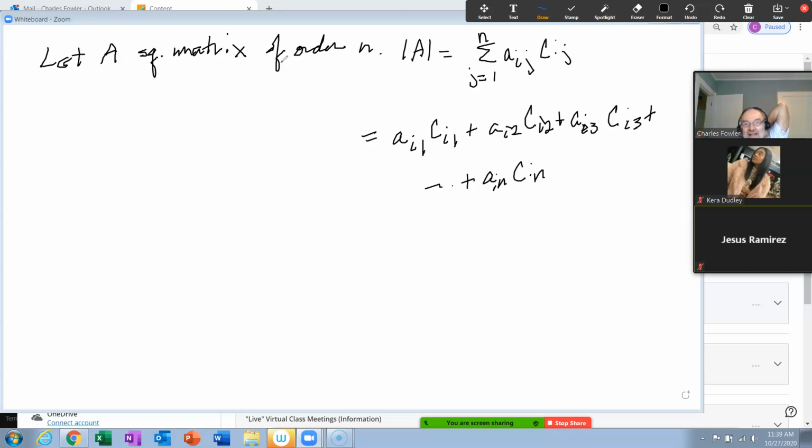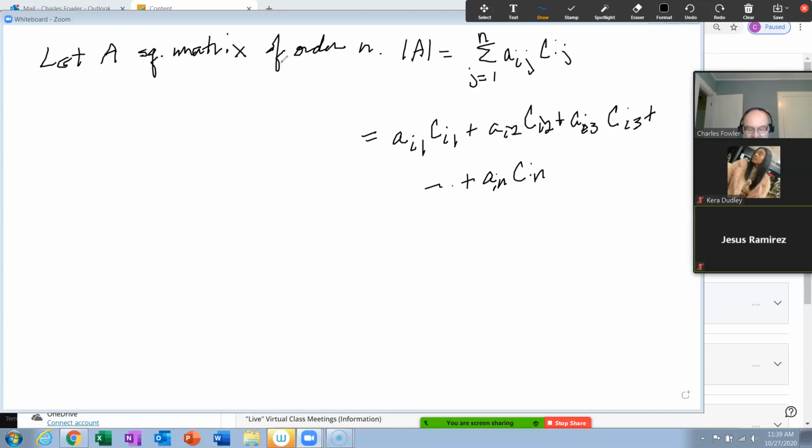Then you assign a plus or minus sign depending on the sum of the i and j: if that sum is even, it's positive, if it's odd, it's negative. So that's what the cofactors are.